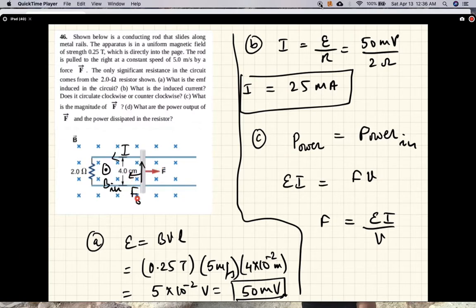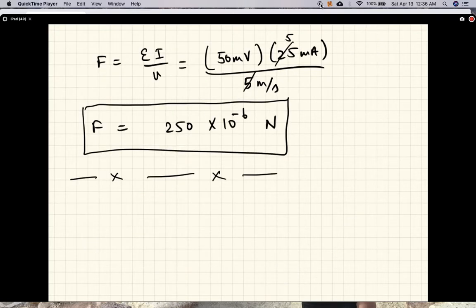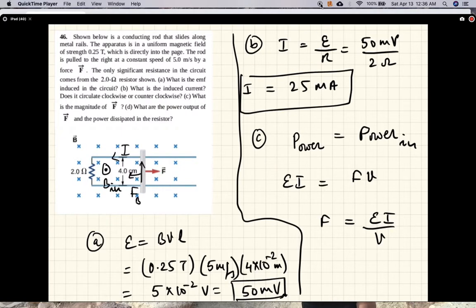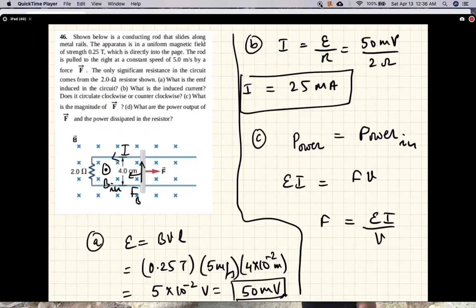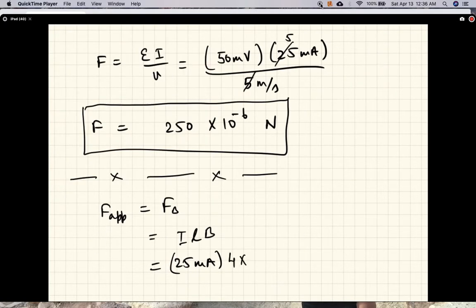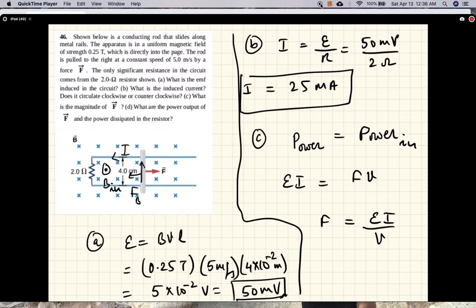Okay, so the magnetic force is ILB. So the applied force should equal the magnetic force, which is equal to ILB. And we solve for the current. We have the current 25 milliamps, the length is 4 centimeters, and the magnetic field is 0.25 Tesla.